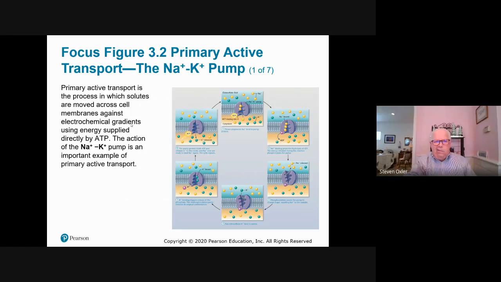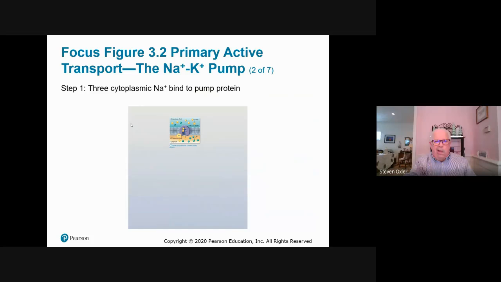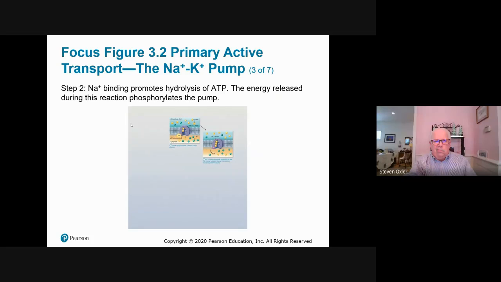Primary active transport requires ATP. You're going from a low concentration to a higher one. If you do that, you need energy to do it. So you need ATP. Okay? Three sodiums bind to the pump protein.